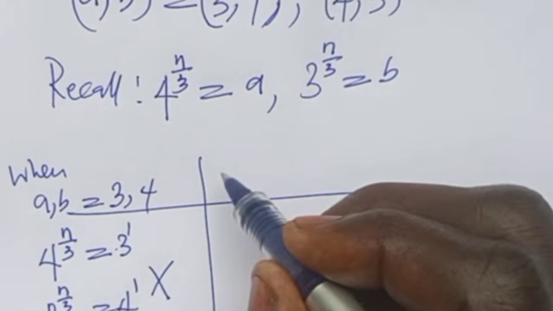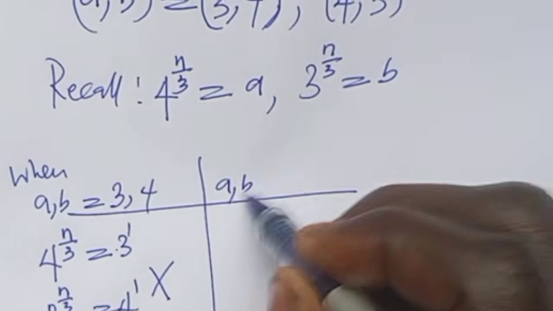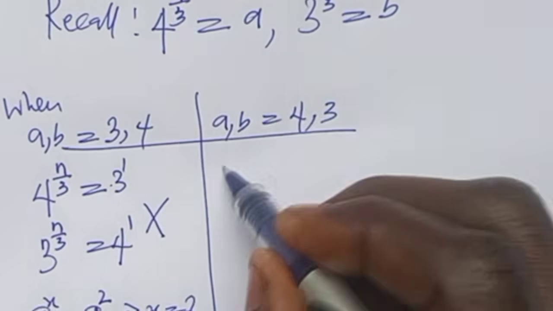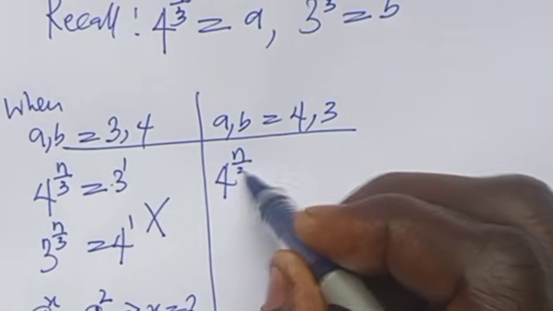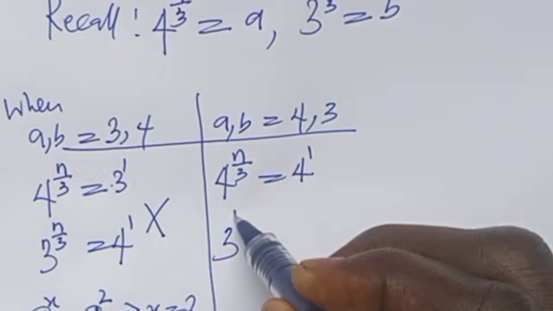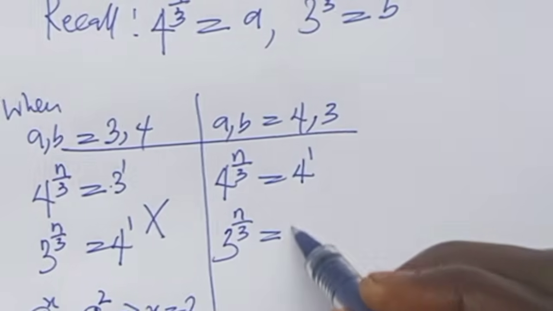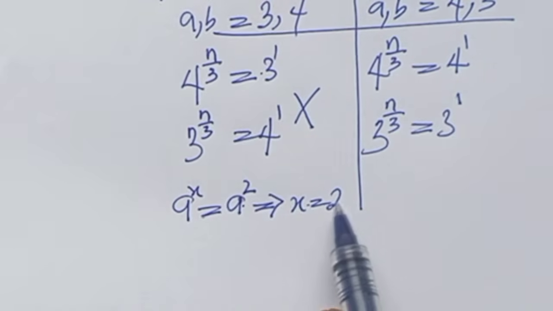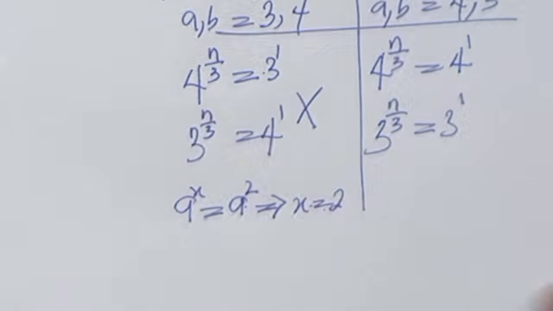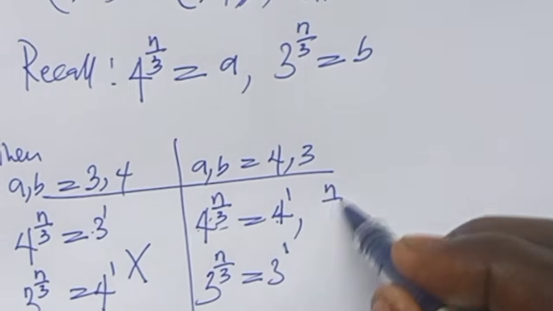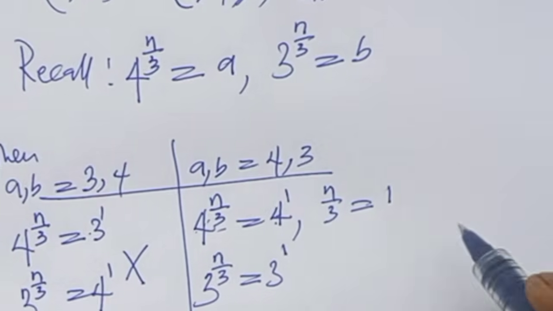But when a and b are equal to 4 and 3 respectively, 4 to the power of n over 3 therefore will be 4 to the power of 1, and 3 to the power of n over 3 also will be 3 to the power of 1. And again, since the bases are the same, the powers therefore can be equated. And here the bases are the same, so we can write n over 3 equals 1.